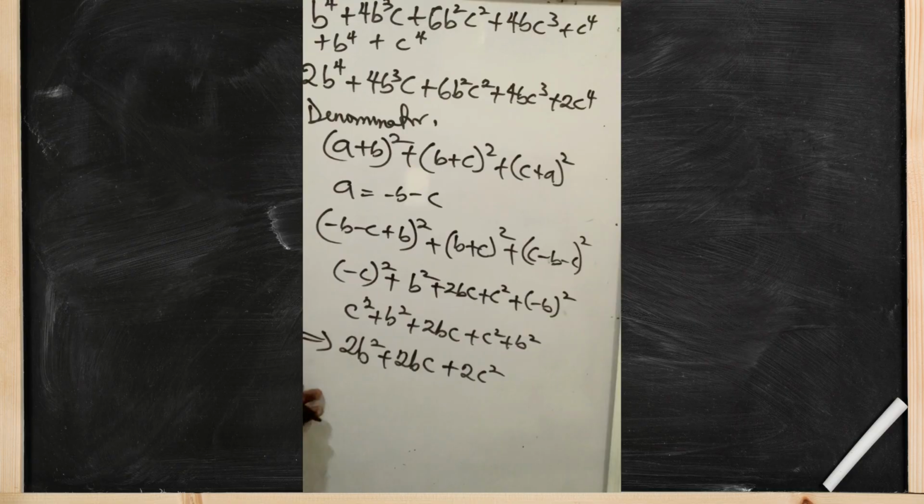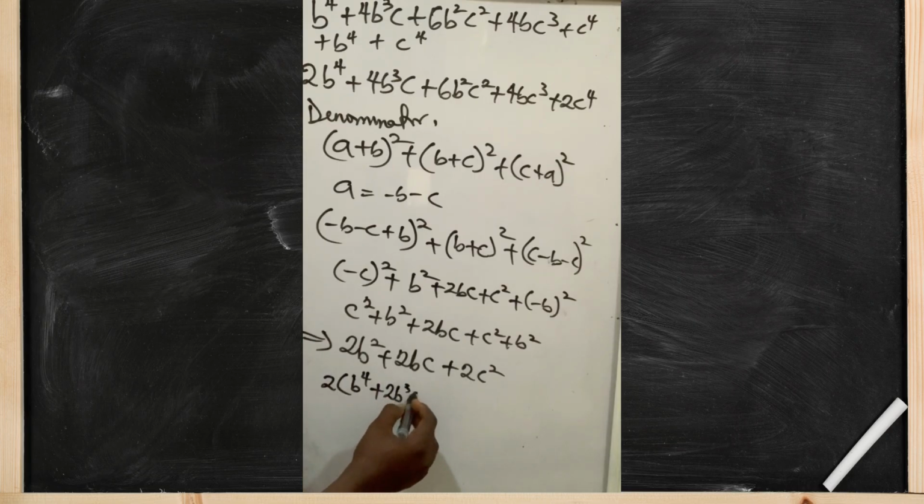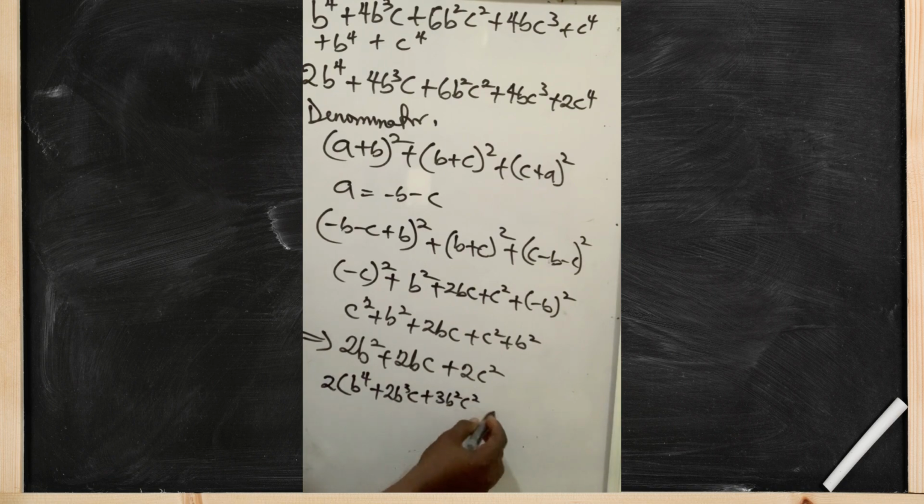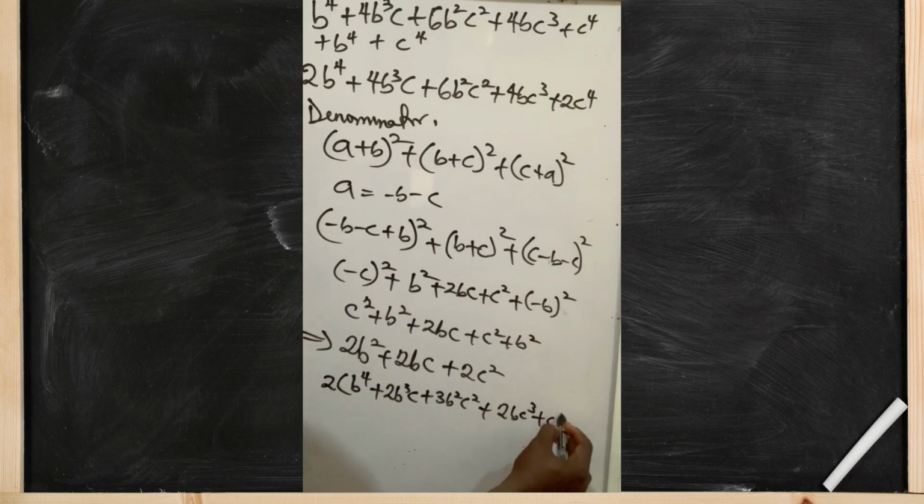If you're factorizing out 2 for the numerator, all that will be left will be b raised to power 4 plus 2b cubed c plus 3b squared c squared, right? Plus 2b c cubed, right? Plus c raised to power 4.